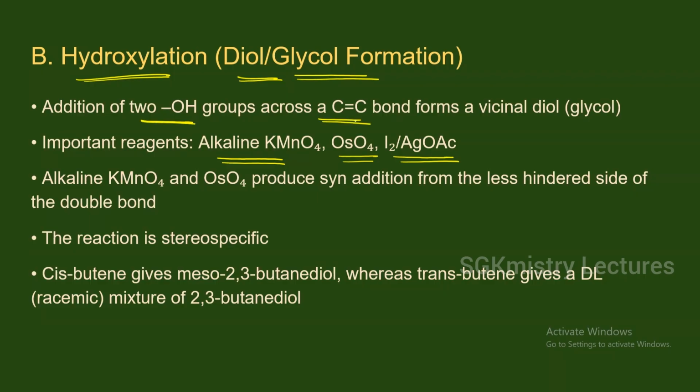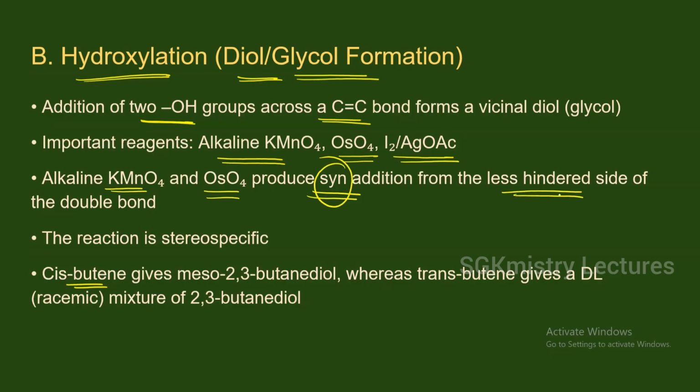Now talking about alkaline KMnO4 as well as osmium tetroxide. They give syn addition from the less hindered side of the double bond, and the reaction is again stereospecific. Let us take one example. Here you have to remember these reagents: when we are taking alkaline KMnO4 and osmium tetroxide, syn addition takes place, right?